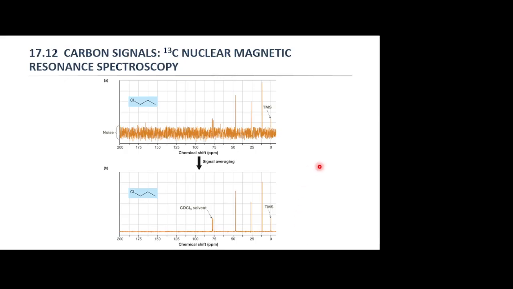So let's look at some carbon signals here. This is going to be C13 nuclear magnetic resonance spectroscopy. Again, NMR, but instead of using hydrogens, we're going to use carbon 13s. Now, carbon 12 has a bit of a problem for us, doesn't it? Carbon 12 is not an odd number.